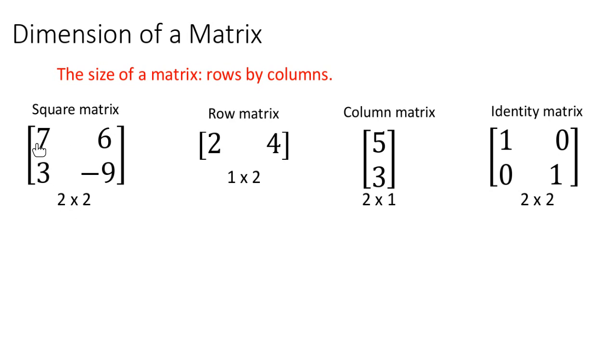We say that it has two rows, so the rows are going horizontally, and the columns are vertical. So you have one row here, two rows, and then two columns. This one's called the row matrix because it only has one row, and it has two columns. This one's called the column matrix because it has one column and two rows. So this is one row here, and then you have your second row here.